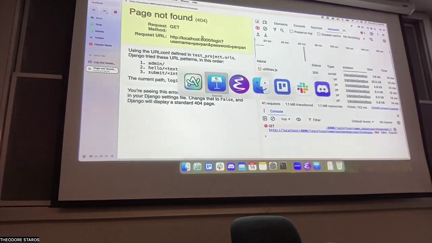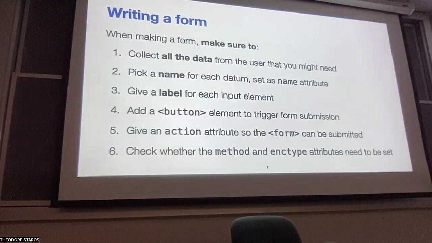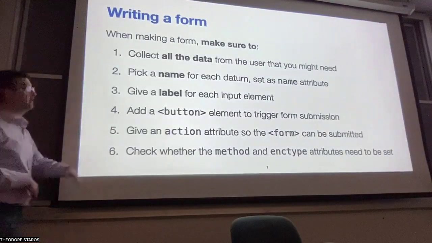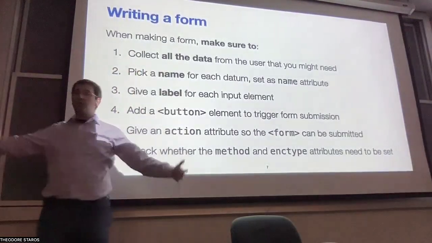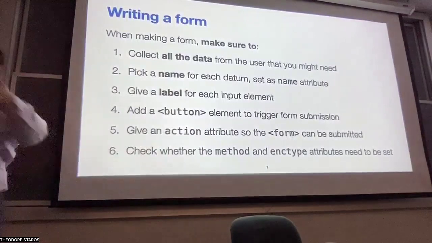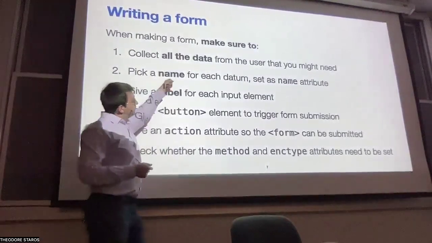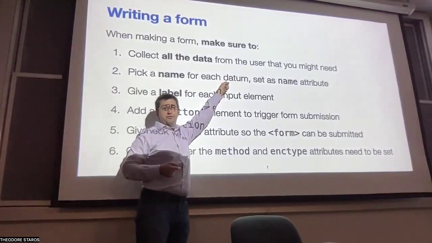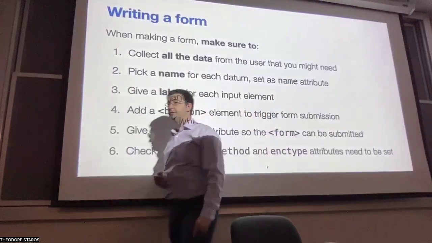All right, cool. So the summary of how forms work. When you're making a form, you're going to collect all the data that you want from the user, all of it that you're going to process together in a single form. For each of those, you're going to have an input field, and you're going to pick a name attribute for that input field.